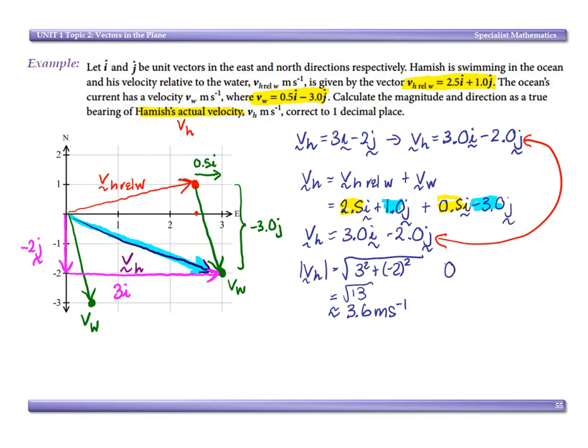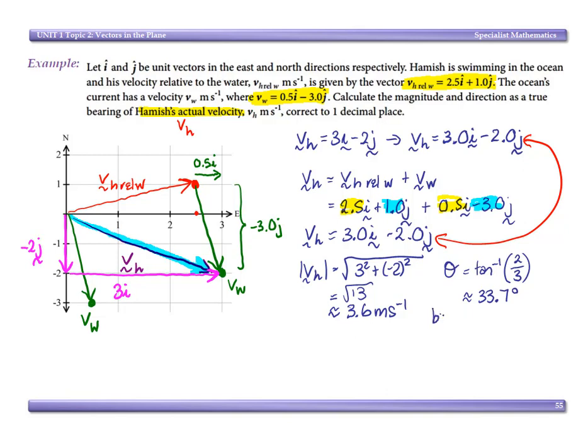Our angle, theta, is inverse tan of y over x. Now note y is negative because our angle goes down, so we know our angle is going to be negative, so just be careful of that. So 33.7 degrees. So if we wanted it as a negative angle, it would be negative 33.7 degrees.